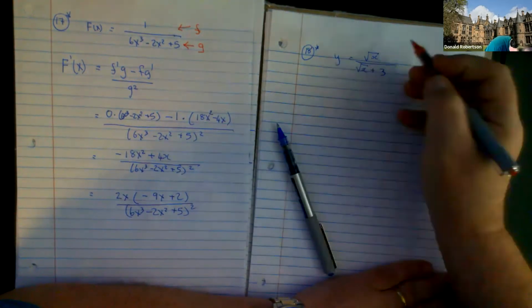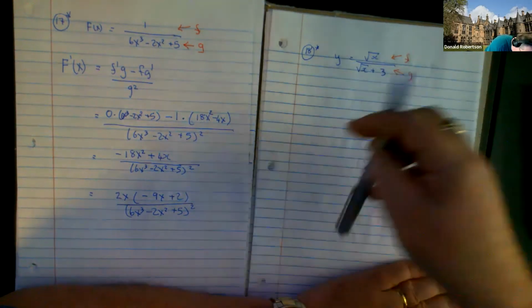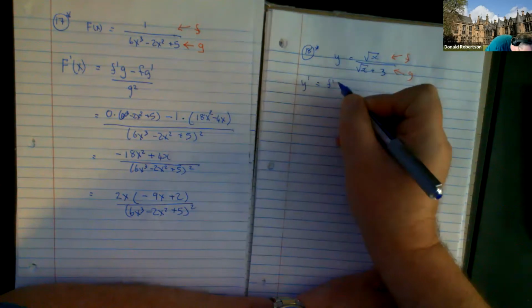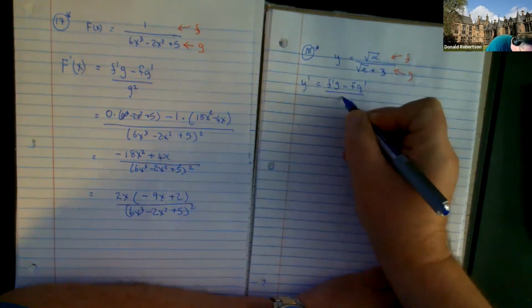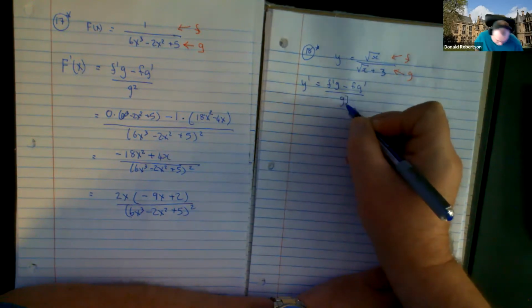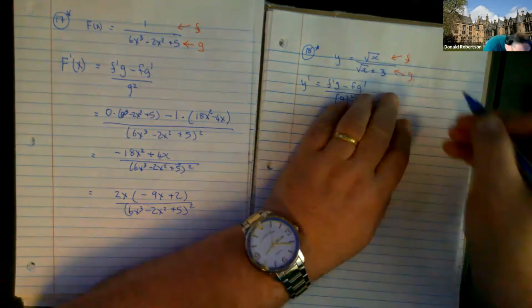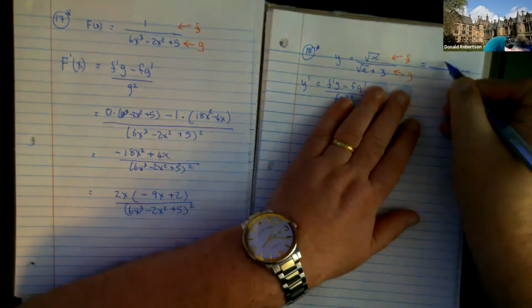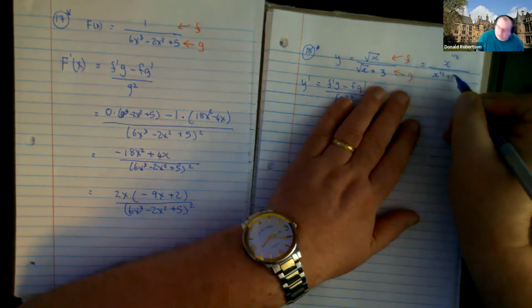Quotient rule, pretty obvious, it's a fraction, so it's a quotient rule. I won't really differentiate these guys because they aren't really designed to be differentiated, so I'm just going to rewrite it like that, okay?